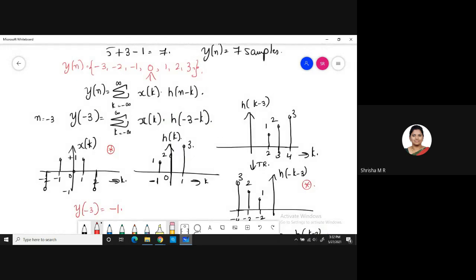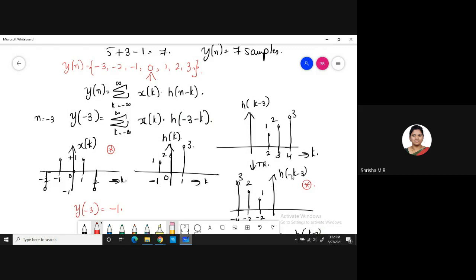First we substituted n to be minus 3. So we got this equation: y of minus 3 is summation k is equal to minus infinity to infinity x of k into h of minus 3 minus k. So x of k is known, h of k is also known. How will you plot h of minus 3 minus k? First plot h of k minus 3, then time reverse that.